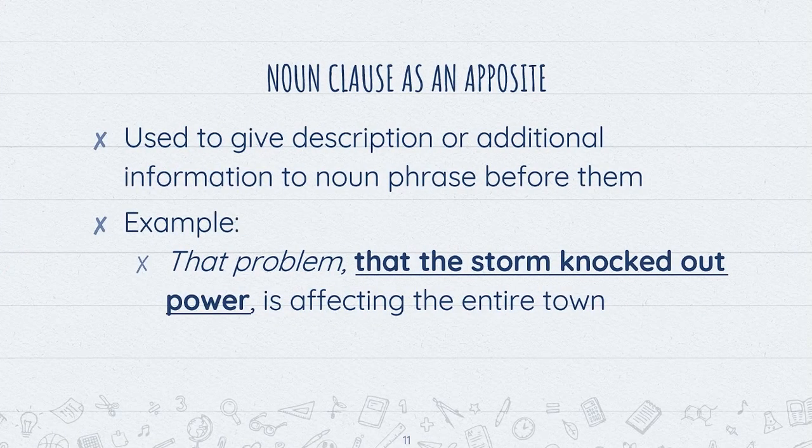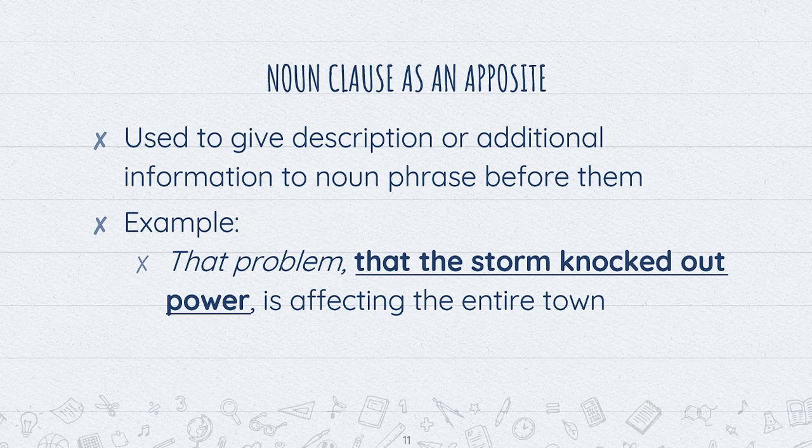And the fifth function of the noun clause, or the last function of the noun clause, is that a noun clause can be used as an appositive.